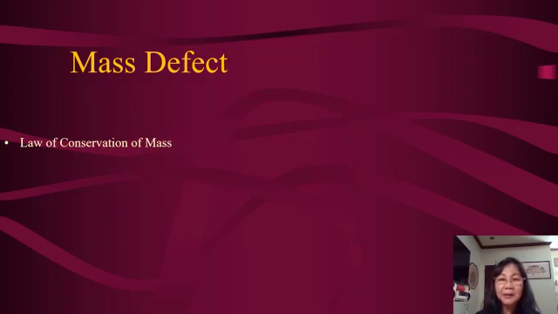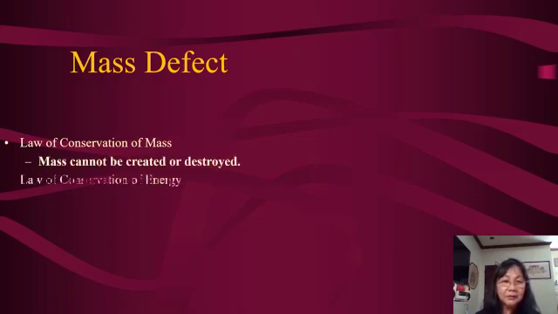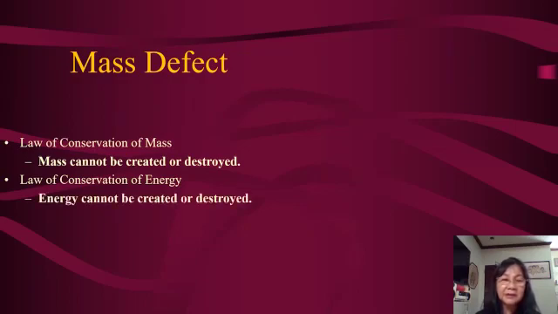As applied to chemical reactions, the law of conservation of mass states that mass is neither created nor destroyed in the transformation of matter. That also applies to nuclear reactions, and not only to chemical reactions. There is also the law of conservation of energy, which we studied in thermochemistry, that energy cannot be created nor destroyed.